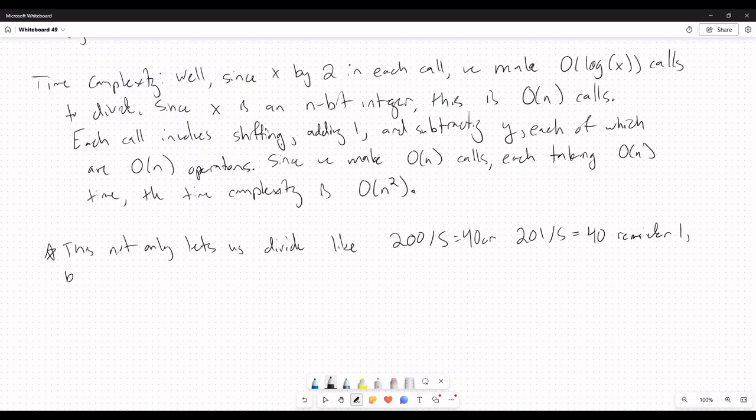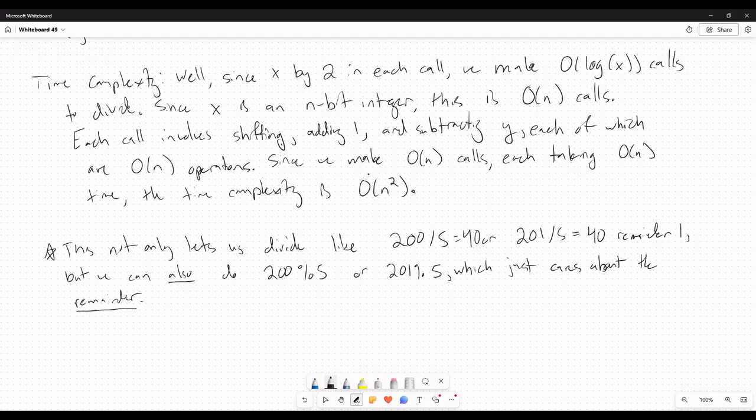But we also get to do something like 200 mod 5 or 201 mod 5, which just cares about that remainder number. And modular arithmetic is really important.